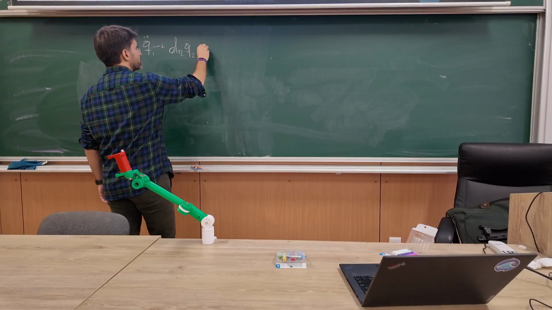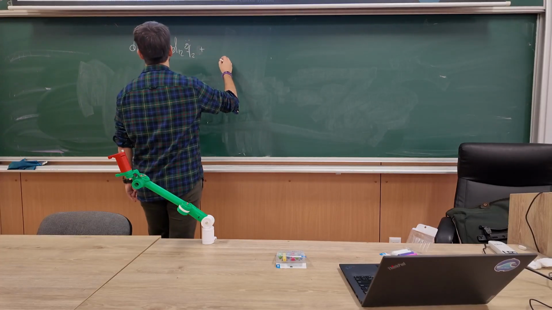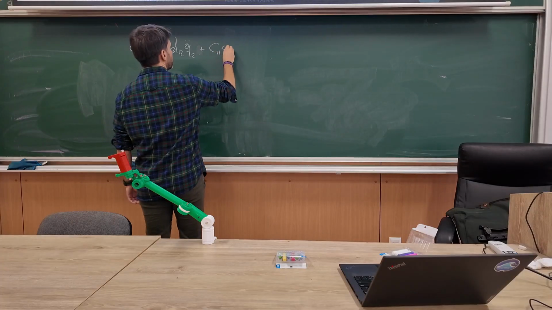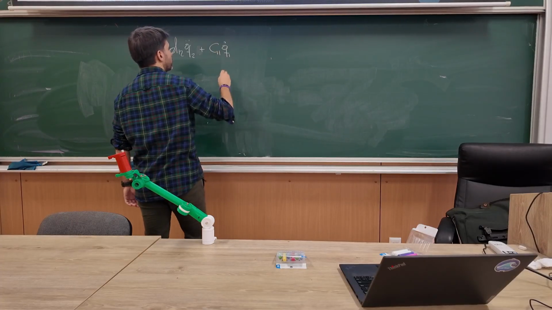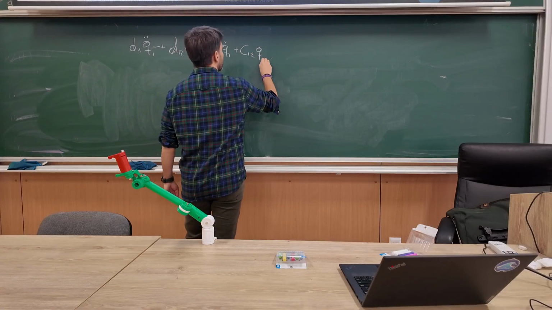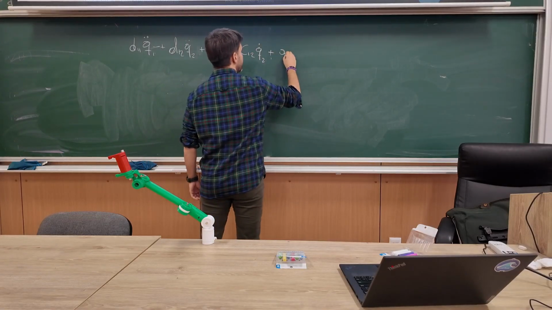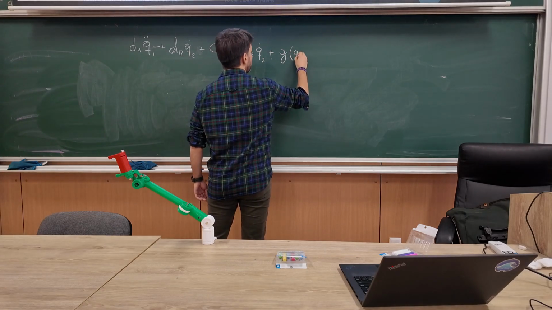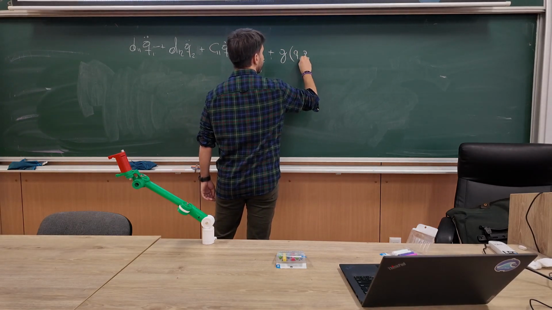Let's take the two-joint example that we have there as well. c11 q1 dot plus c12 q2 dot plus g of q1 and q2.